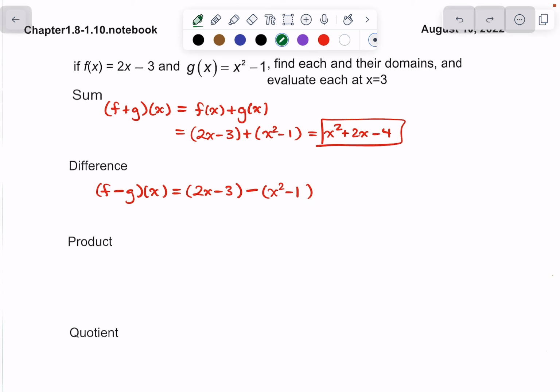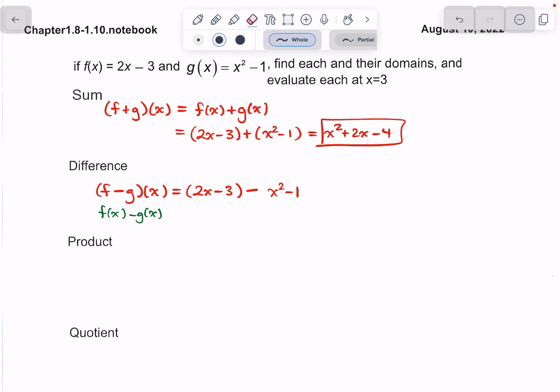You will get the wrong answer if you don't put these parentheses. This would be wrong because the negative seems to only be applying to x squared. No, you're subtracting all of g of x, not just part of it. So we have to go back and fix this.